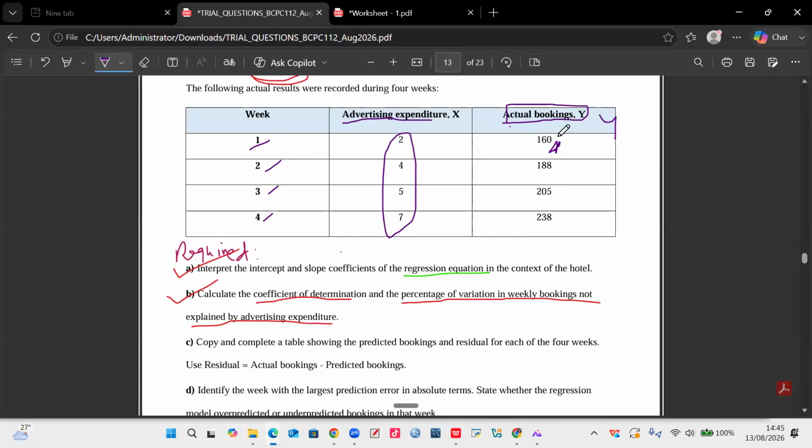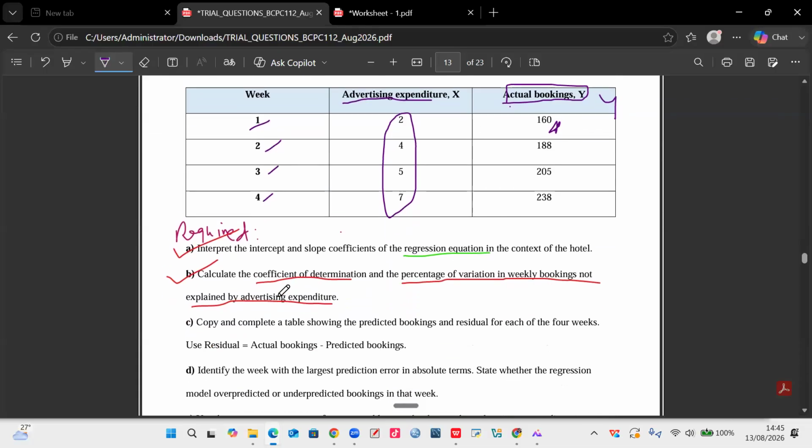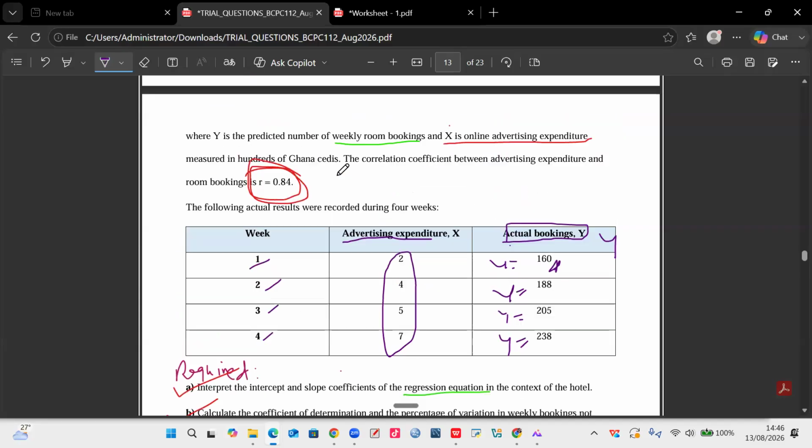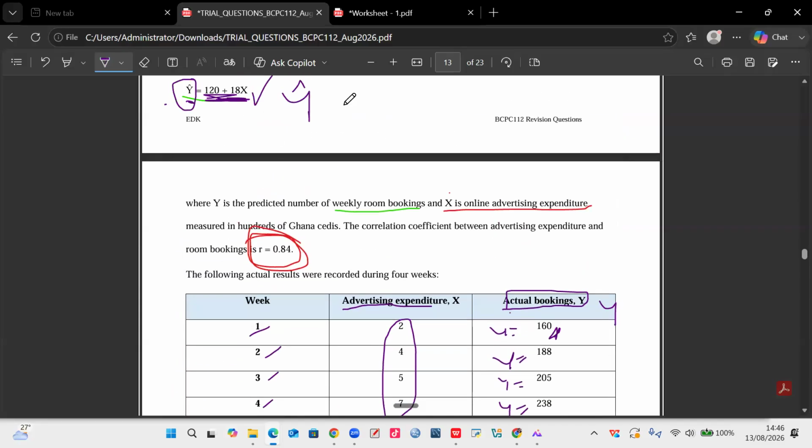When we compare, the difference is called the residual. The actual bookings, which is the Y, they've already computed. But this advertising expenditure for X will be used to compute the estimated Y.